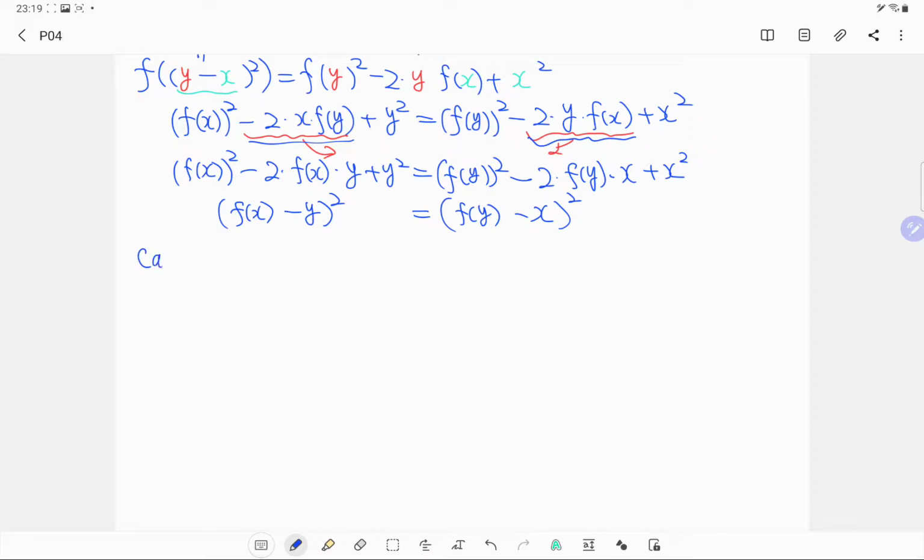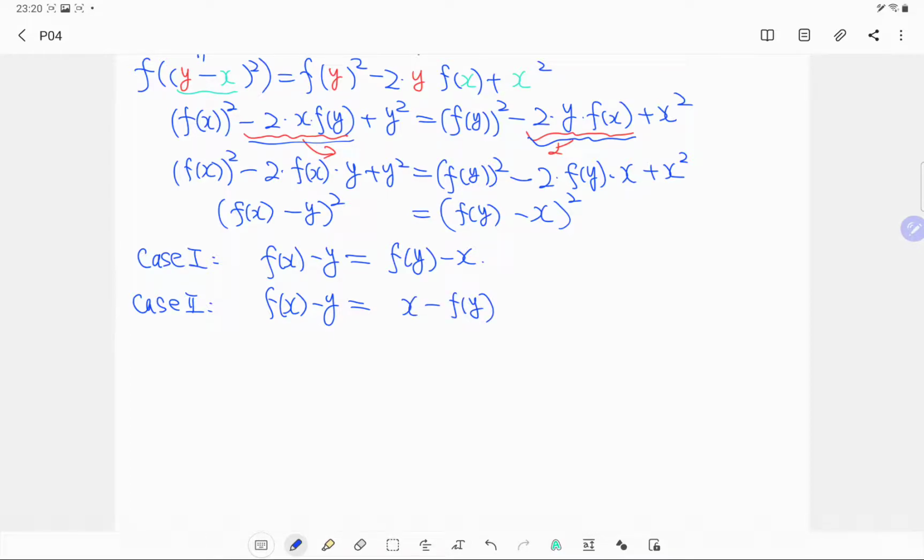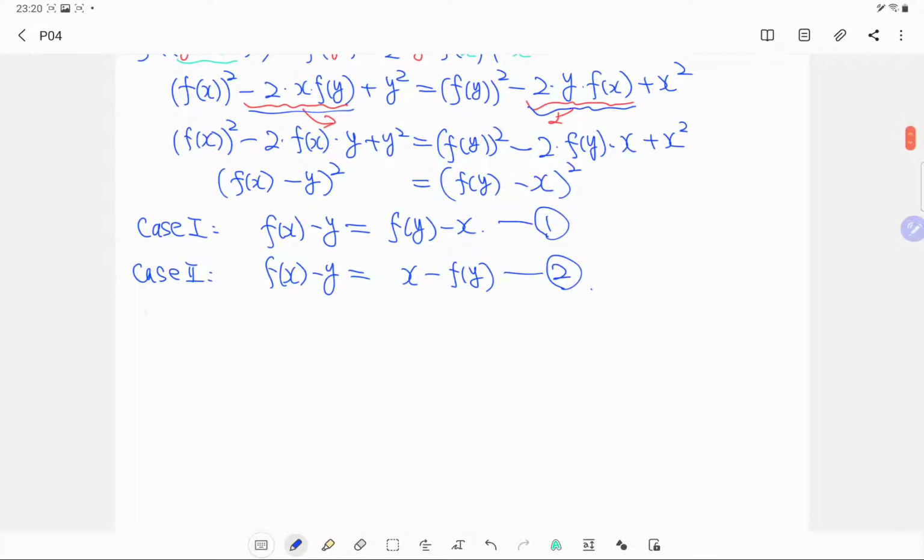So for case 1, we have f(x) - y equals f(y) - x. And for case 2, we have f(x) - y equals, with a negative sign, so we swap the order, x - f(y) on the right hand side. We denote this by equation 1 and this one by equation 2. For equation 1, we can move the term with x to the left hand side.